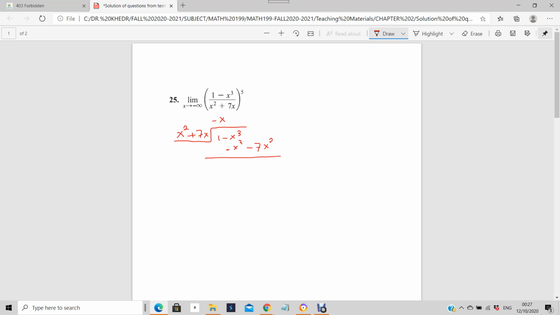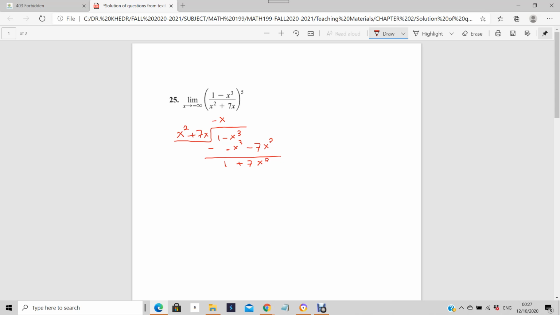And then you subtract. So 1 minus 0 is 1. Minus x to the power of 3 minus x to the power of 3 is 0. And then the remaining will be plus 7x squared.